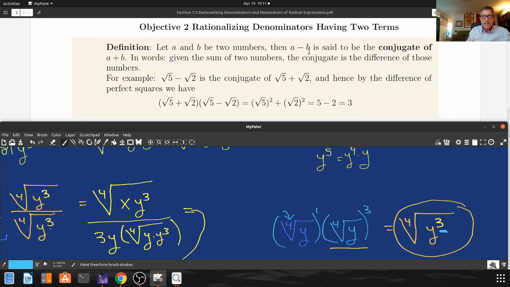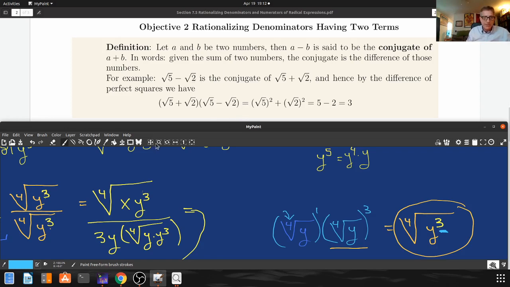Then A minus B is said to be the conjugate of A plus B. It's really simple. If you have two things added, then you change the plus to a minus and you have the conjugate. For example, 5 minus the square root of 2 is the conjugate of 5 plus the square root of 2, and equally 5 plus the square root of 2 is the conjugate of 5 minus the square root of 2.